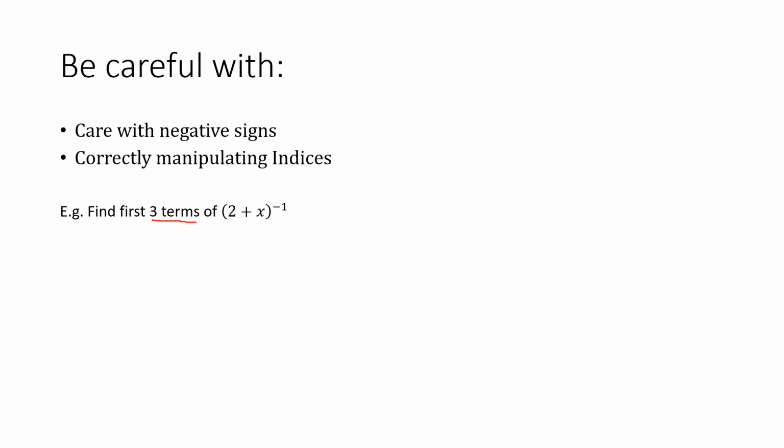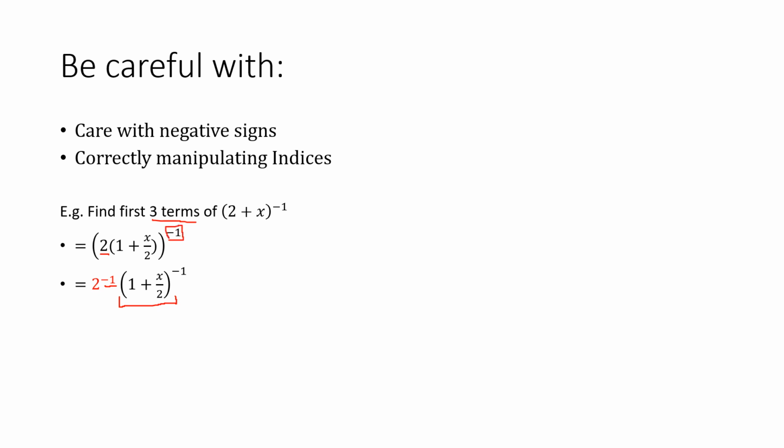So the first thing we should do is factor out the 2. Now, we want to write that 2 as 2 to the power of -1 times this valid expansion. Often students forget the -1 here because they forget to put this number over here.